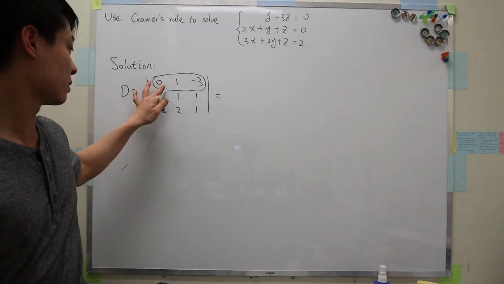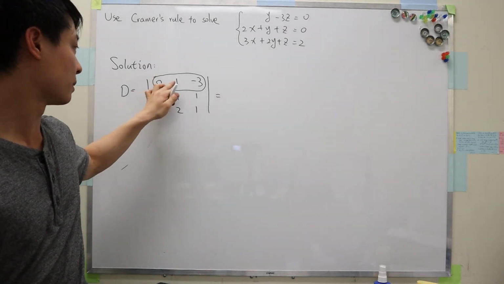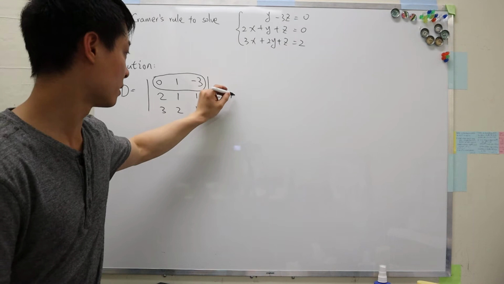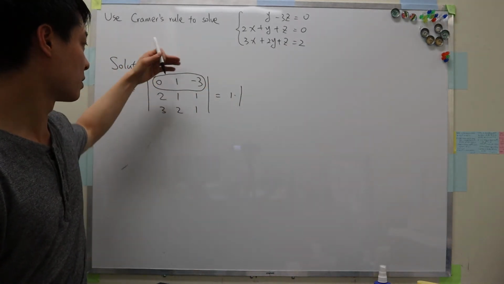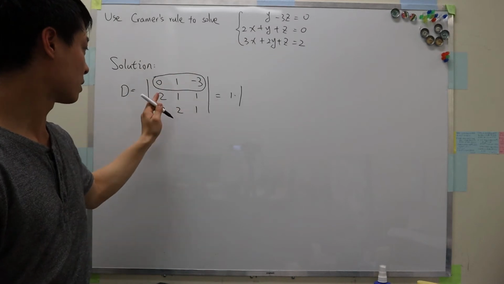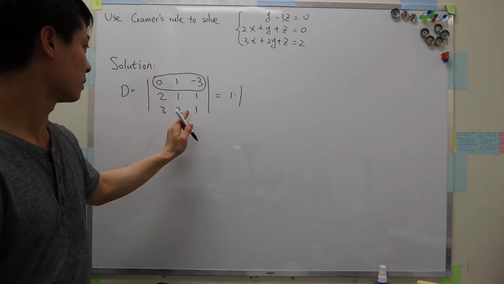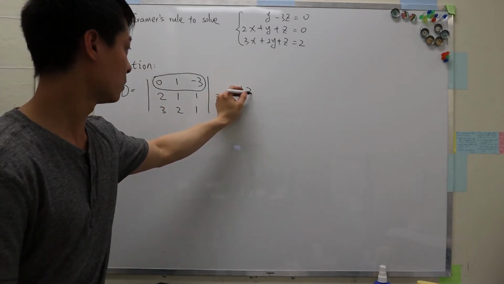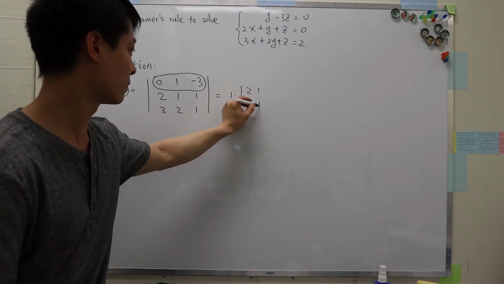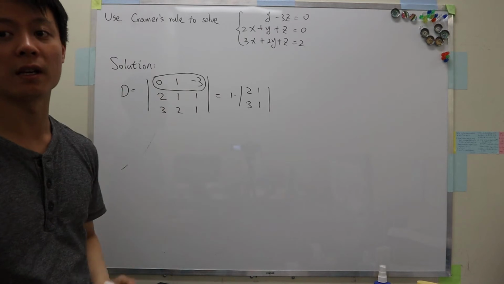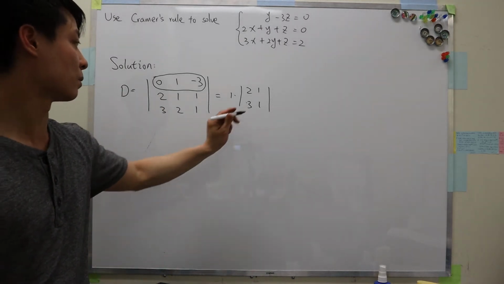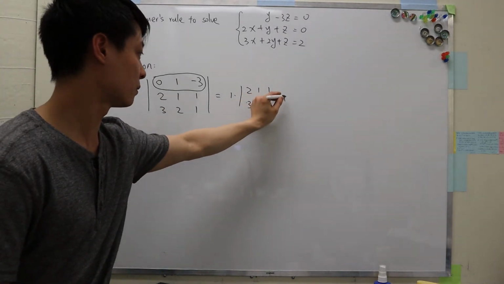So 0 is here, and then we plus 1 times the deleted submatrix of this, which is 2, 1, 3, 1. But the sign for this position is negative, so we also times negative 1.